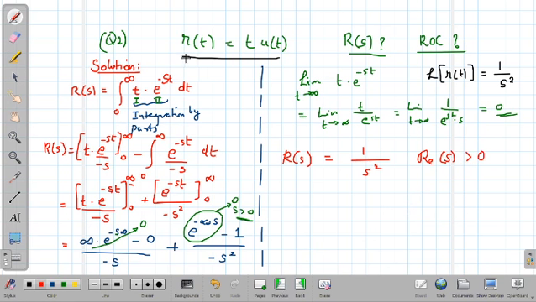So the Laplace transform of unit ramp signal is 1 by s square, and region of convergence is real part of s greater than 0.